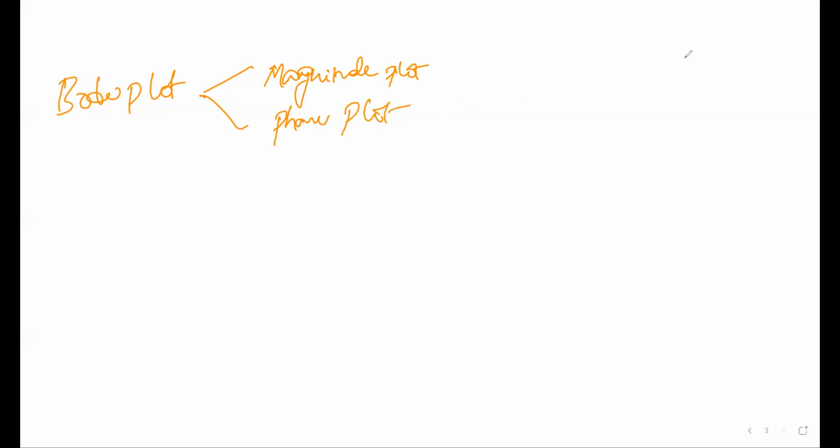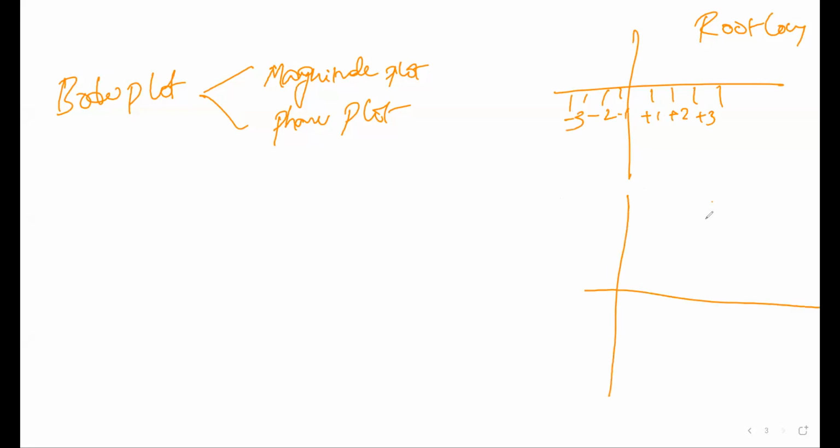Okay. So we already discussed the root locus is drawn on the normal graph sheet with the linear scale, +1, +2, +3, and -1, -2, -3. But the Bode plot will be drawn on semi-log graph sheet, which is based on non-linear scale.